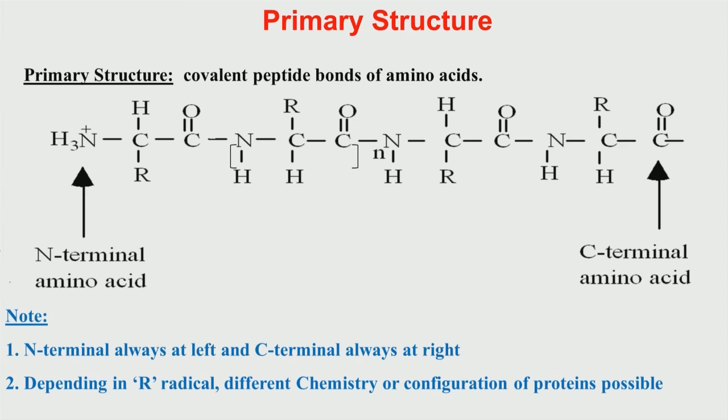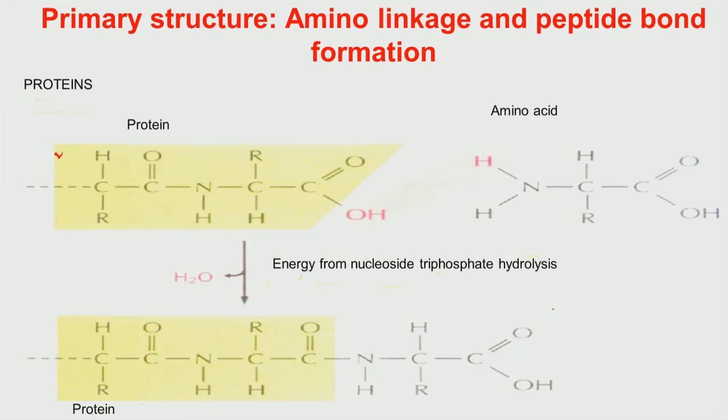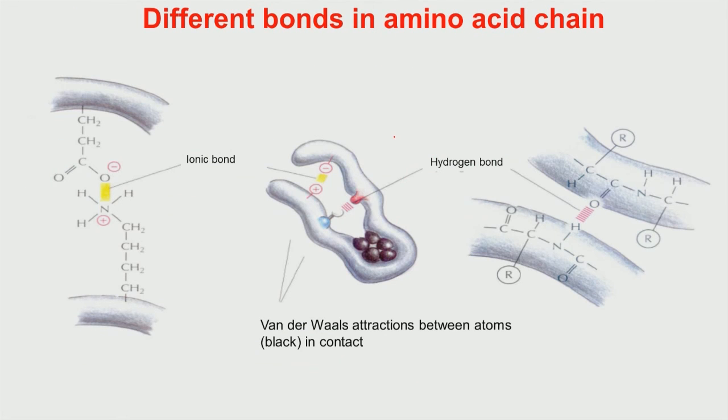This has been shown here as I was explaining to you, and this amino linkage and peptide bond formation has also been shown in this slide: OH and OH, and then water molecules will be released.